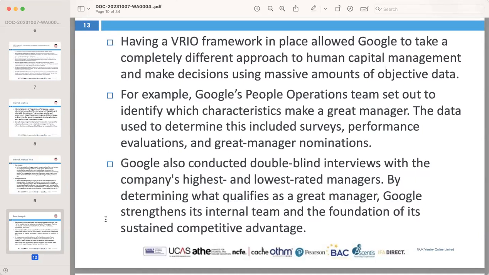For example, Google's People Operations team set out to identify which characteristics make a great manager. The data used to determine this included surveys, performance evaluations, and great manager nominations.